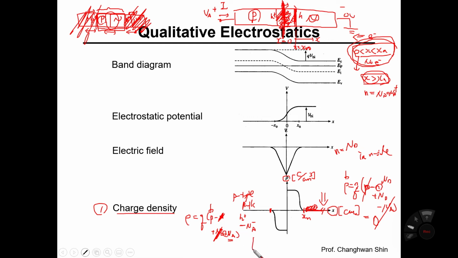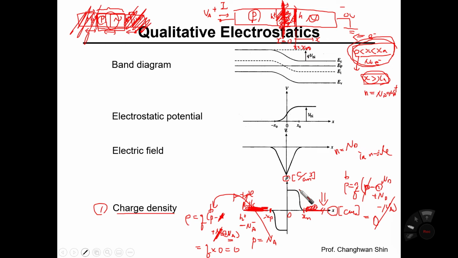The number of holes is equal to the acceptor concentration, so if you plug Na into p, then rho is Q times 0, which is 0. So it is a well neutralized region if x is smaller than minus xp, because I have defined the origin along the x direction at the physical contact between P and N.